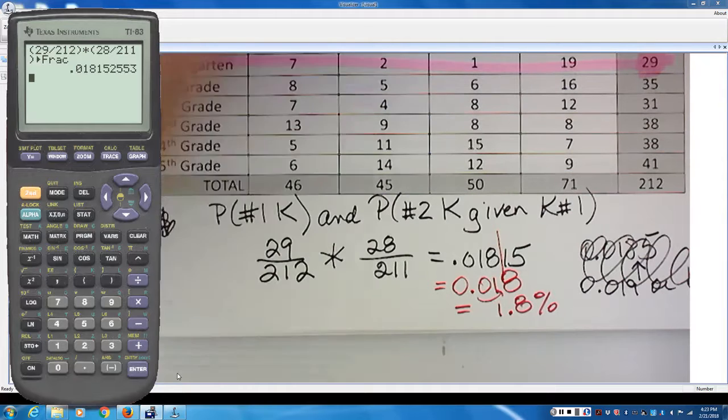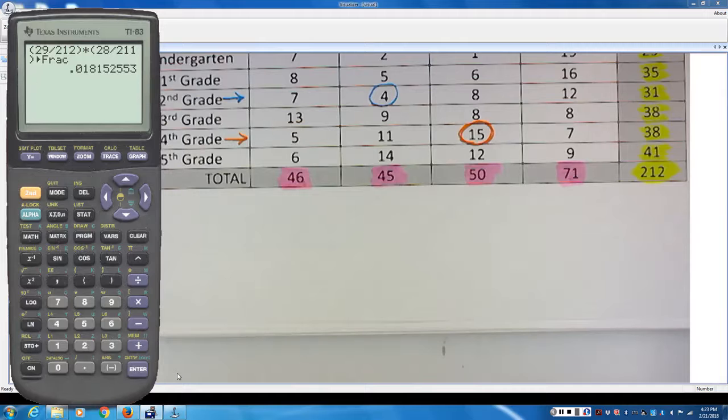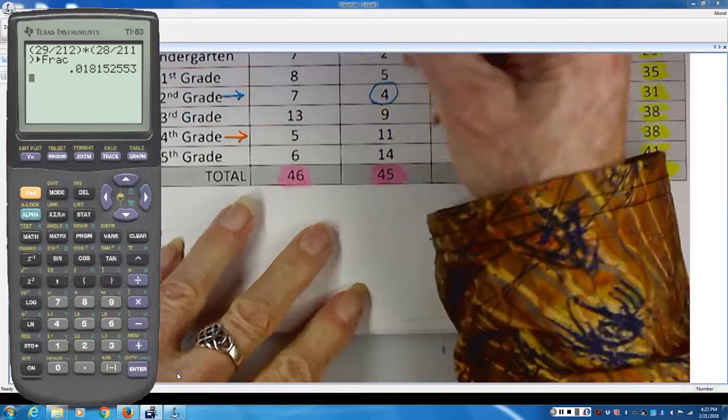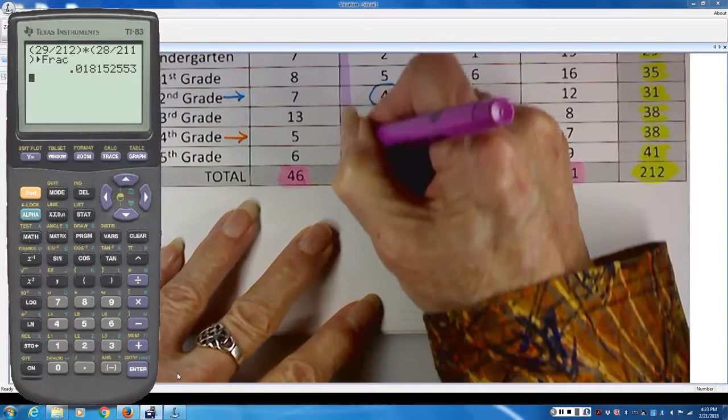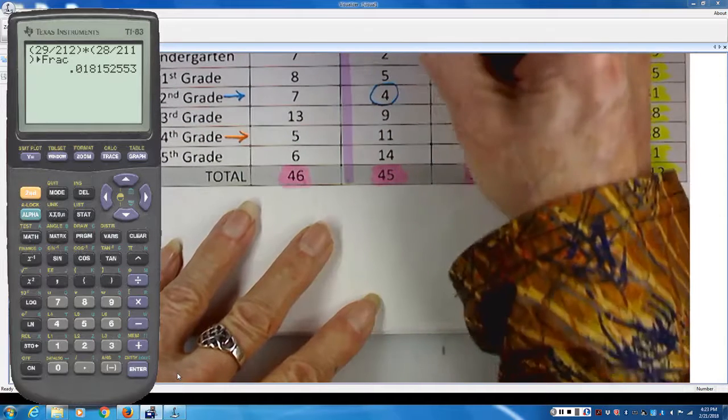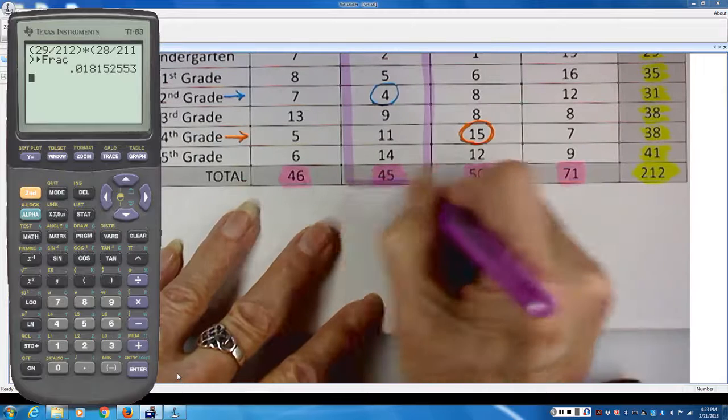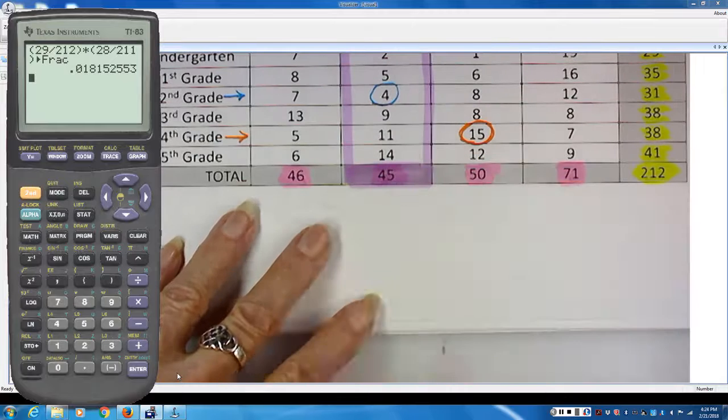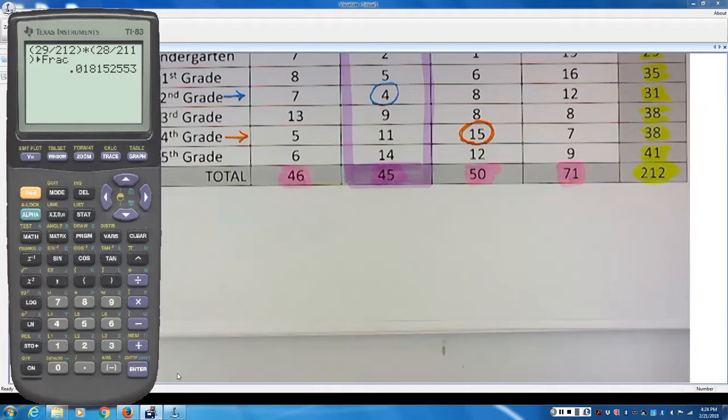What is the probability that a student selected at random is in the 5th grade given that they prefer dodgeball? Okay, given that they are preferring dodgeball. Here's the dodgeball kids. And there's 45 of them. That's the given, okay? Given that they prefer dodgeball.